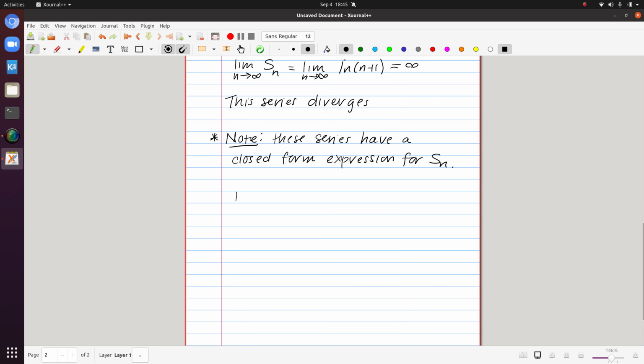So something that's not telescoping, where you can start to think about listing the terms, is if we had 1 over 2 to the k, which we looked at in an earlier video, right? If I start writing out the terms of that, 1/2 plus 1/4 plus 1/8 plus 1/16, if I start to think of the nth partial sum there, at first glance, I'm getting to a point like this.